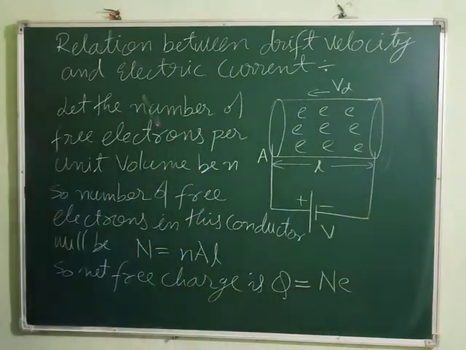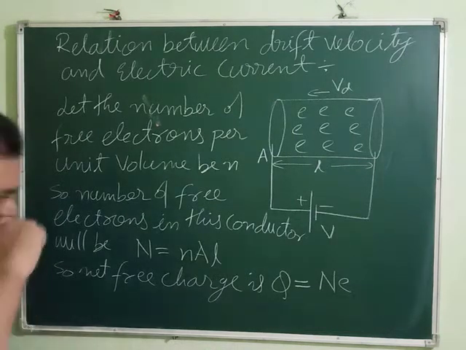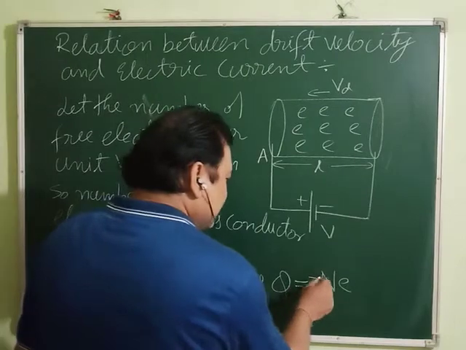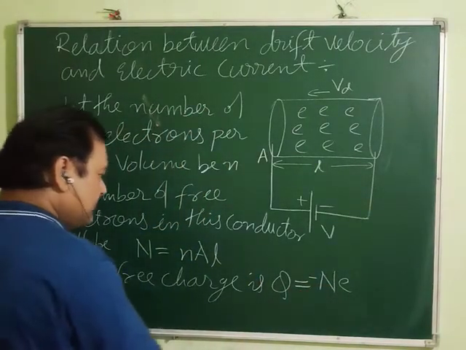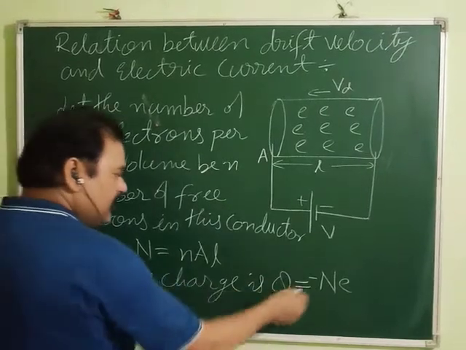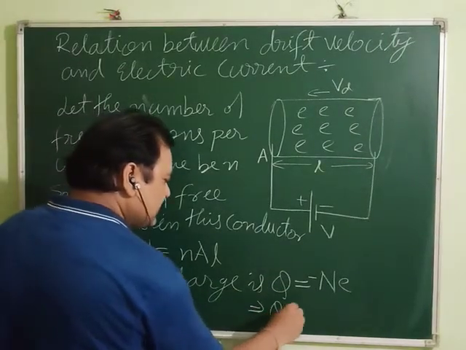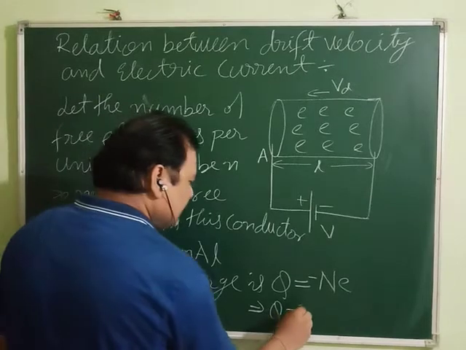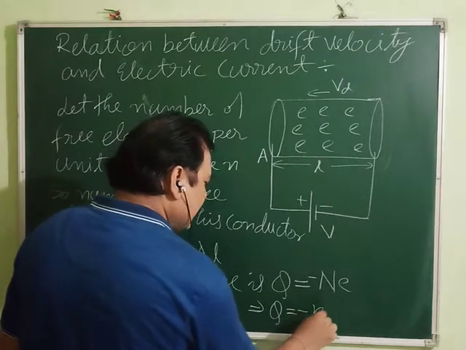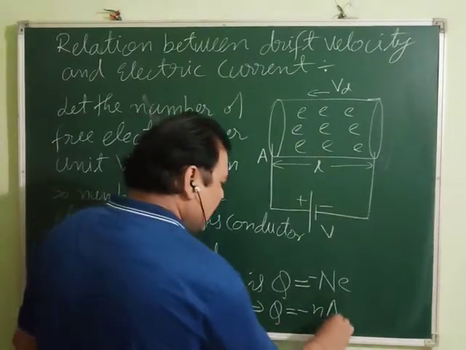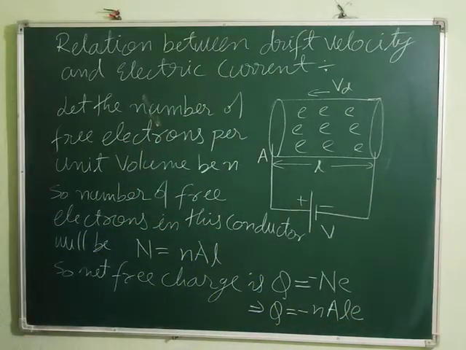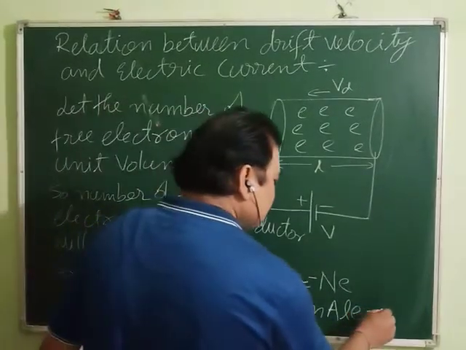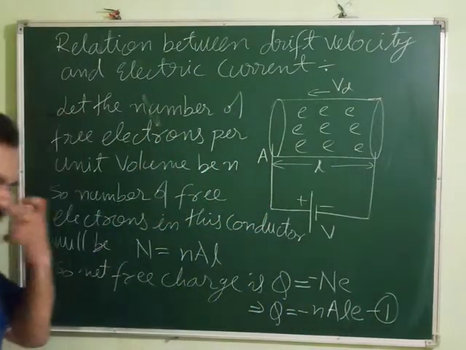So total charge is Ne, but it is negative because the charge on an electron is negative. We can put the value of N, so Q is equal to minus n A L e. This is the total free charge on this conductor. Let us mark this equation 1.